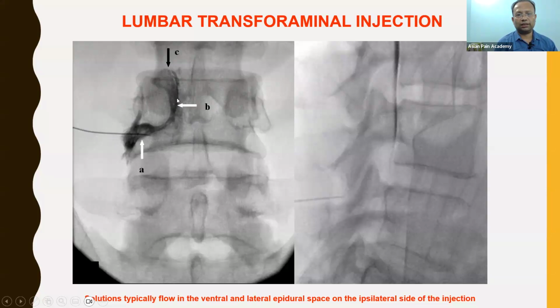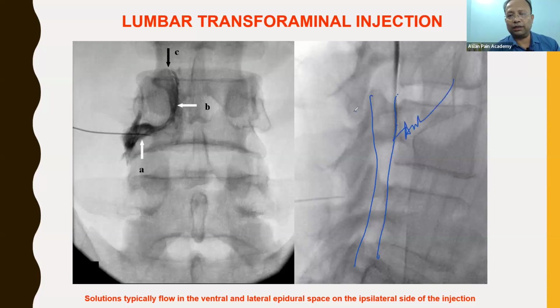You can understand this is the epidural space because this is the medial side of the pedicle. This is the spinal canal area, medial side of the pedicle, where it will spread. This is in the anterior epidural space. If it had been a posterior epidural space spread, then you would see spread in this area and not in this area. This part is the anterior epidural space and this side is the posterior epidural space.